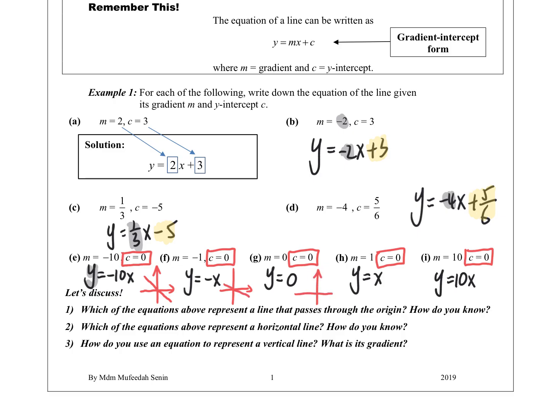This one is just the horizontal line here. This one is going up. This one steeper. But the commonality is that they all pass through the y-axis at 0. That's why it's all 0.